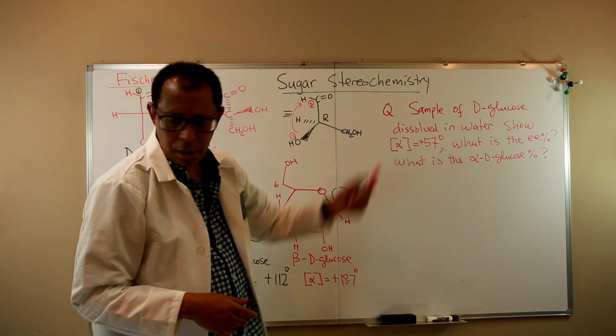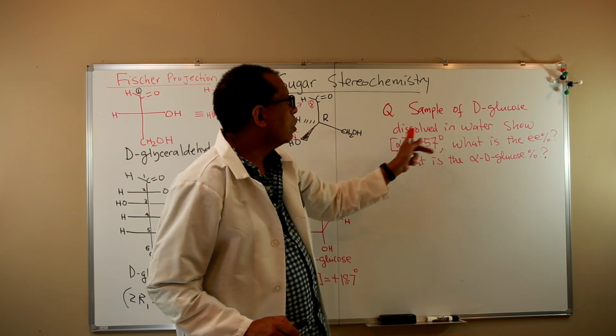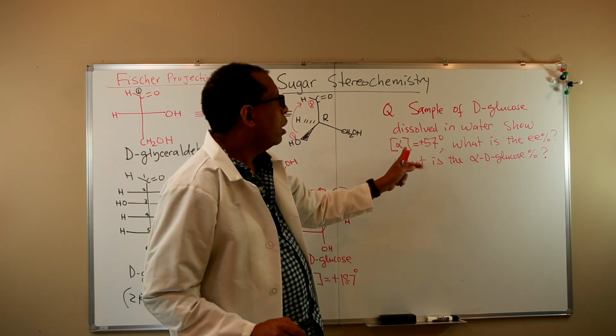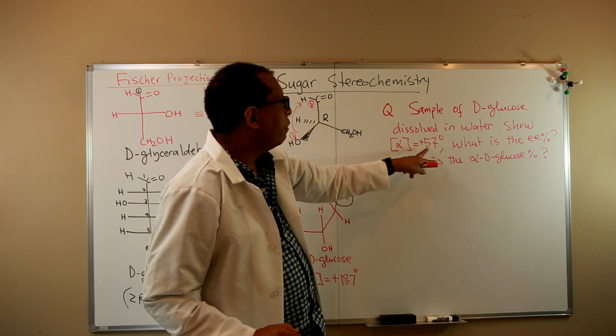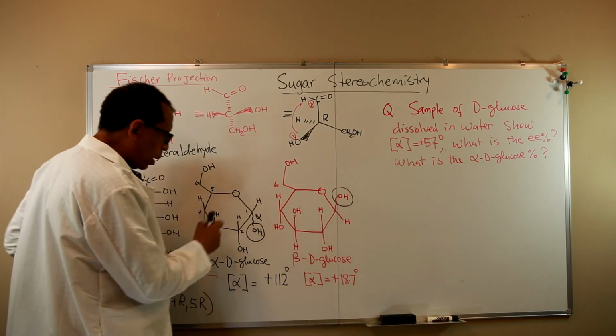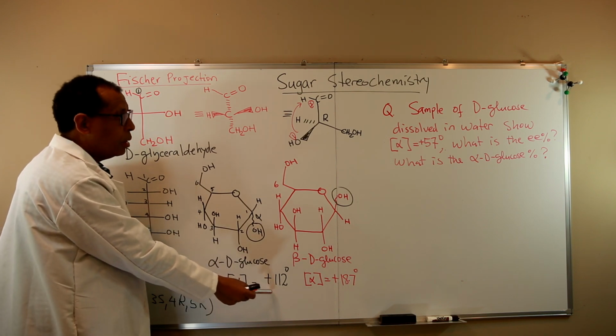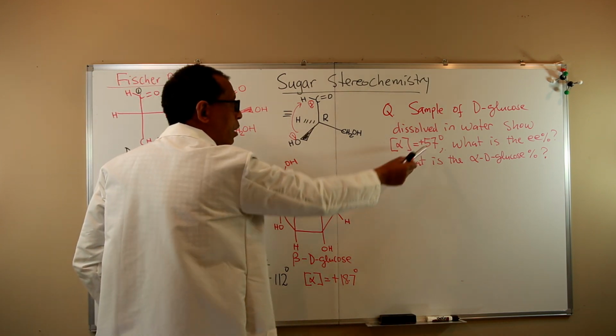For example, in this problem, a sample of D-glucose is dissolved in water, which showed 57 degrees optical rotation. But the pure alpha is 112 degrees, while it shows 57 degrees.